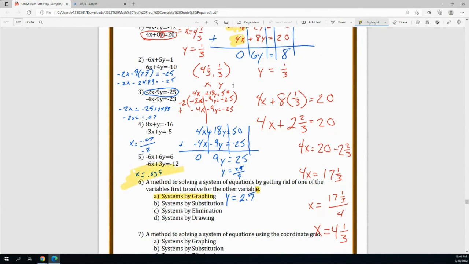Here's your X. Here's your Y. But again, it's just the process that we're doing. This is one of those fancy things. You could actually graph if you had time and you had a more accurate coordinate grid. You actually could just graph these two lines and see where the intersection of both lines is.